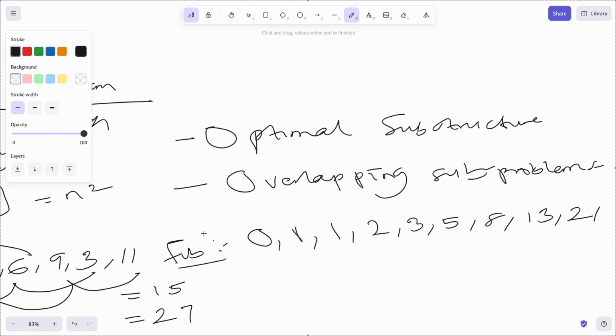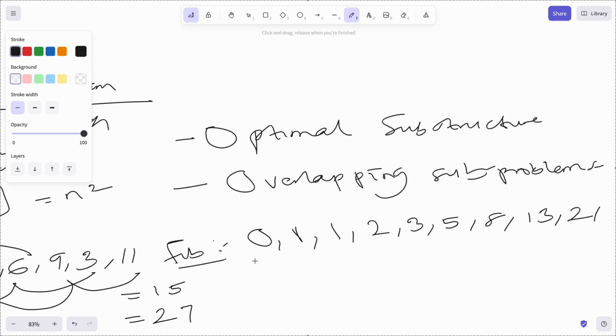Basically, how you generate these numbers is, you start with 0 and 1, and then for every subsequent number, that value is the sum of the two previous numbers. So this one is the sum of this and this, 2 is the sum of this and this, 3 is the sum of this and this.